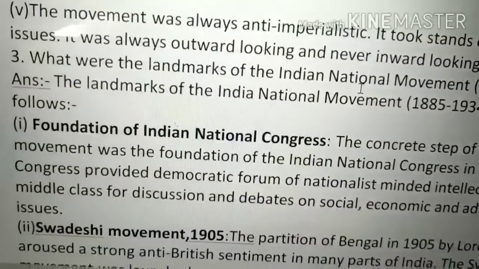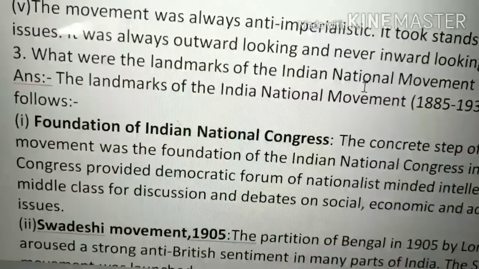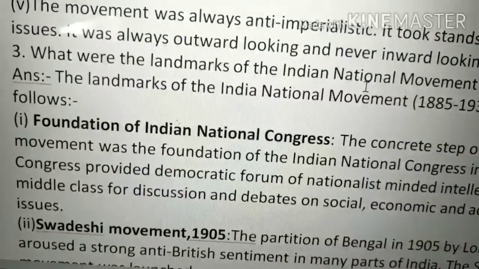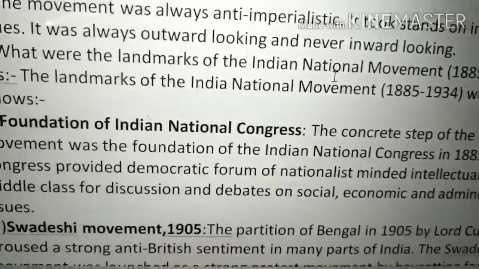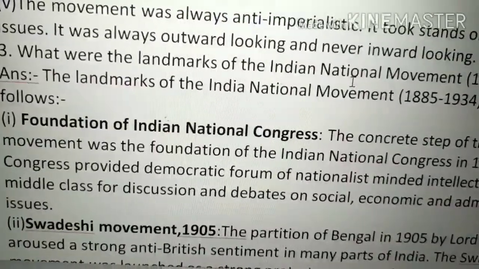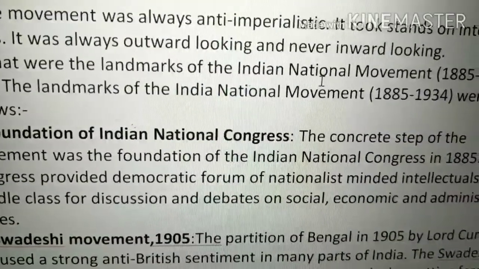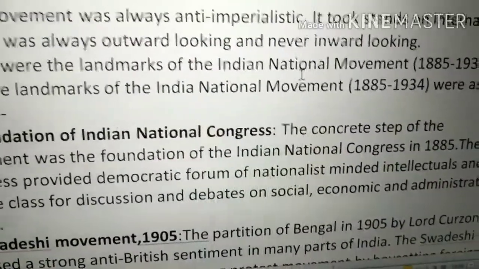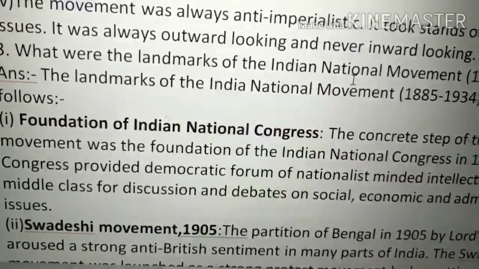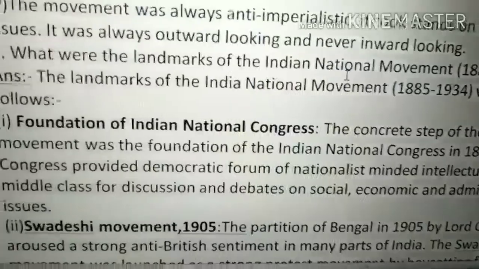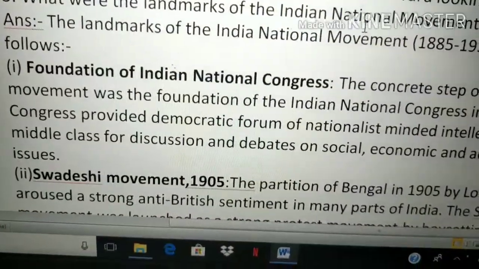Question number 3. What were the landmarks of the Indian national movement, 1885 to 1934? The landmarks of the Indian national movement were as follows. Number 1.